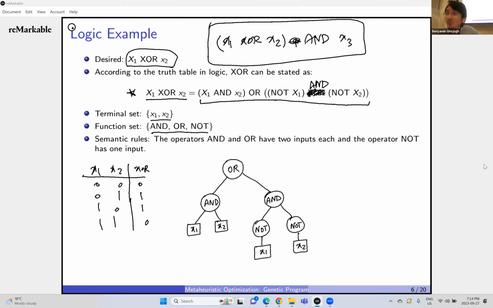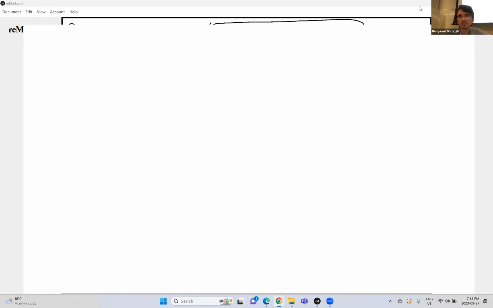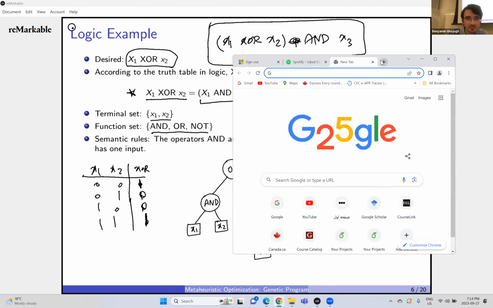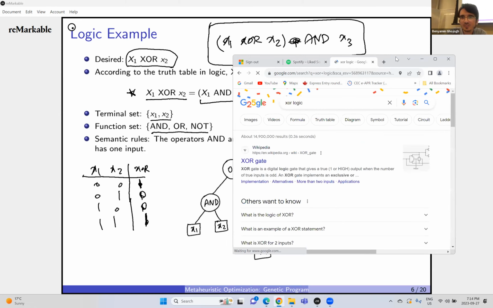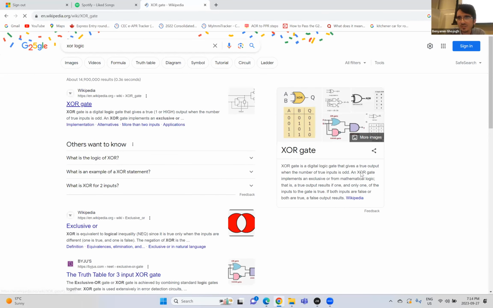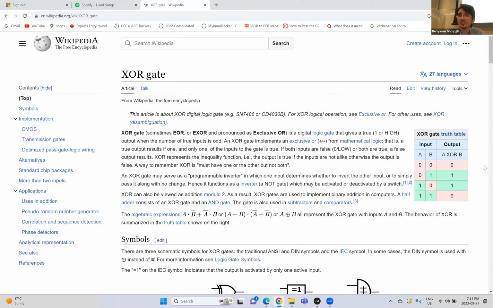Which one is the lookup table that is exactly opposite, or you mean it must be this? I might be wrong, so let me check. XOR logic. No, I was right. Which function are you talking about, this one? Oh, sorry.